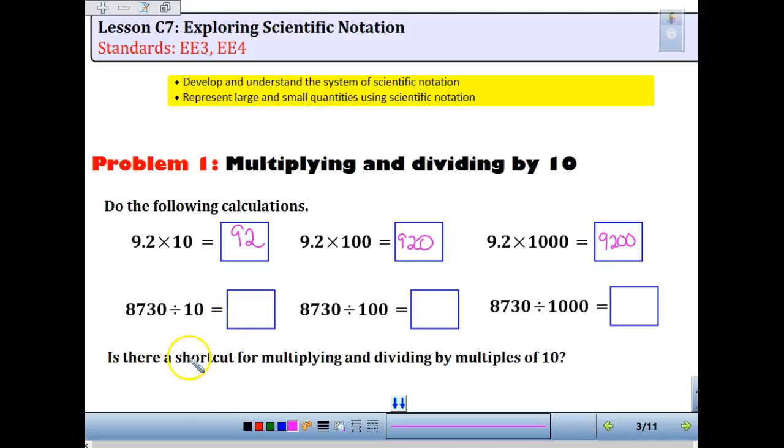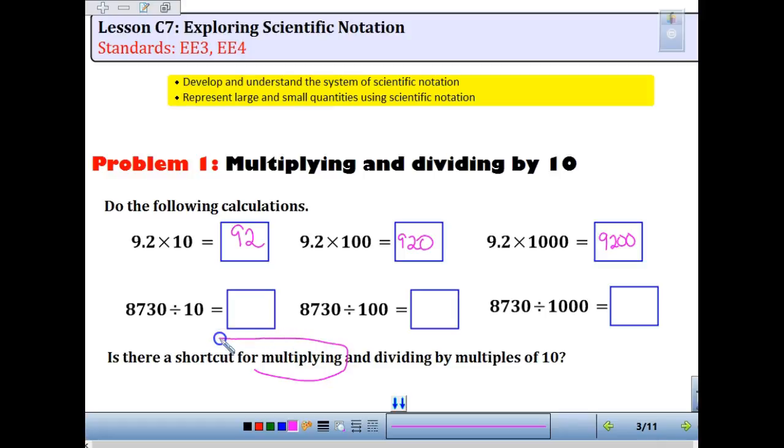This next problem down, what we want to do is divide by 10. Now, when we multiply by 10, 100, and 1,000, what do you think the shortcut is? I don't really want to actually multiply these out. What is our shortcut? Someone want to raise their hand? What is our shortcut for multiplying by 10 or 100 or 1,000? What did I actually do with my decimal point, Daniel? You moved it over the number of zeros.